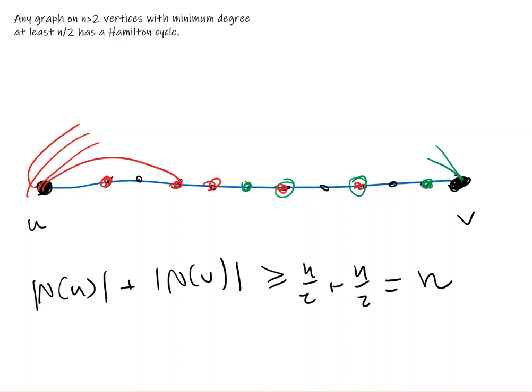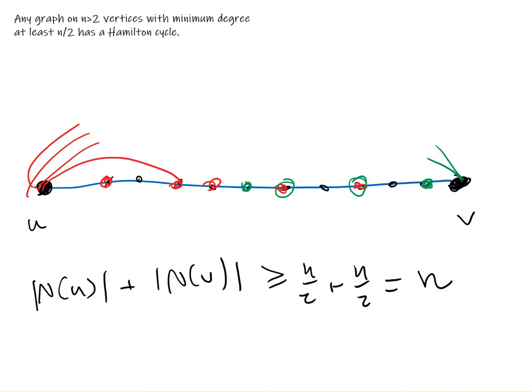So, what does this mean? Well, either every vertex of this whole graph is a neighbor of one of the two vertices, or there's a vertex hit twice. So in this picture, this vertex in the middle is hit twice.